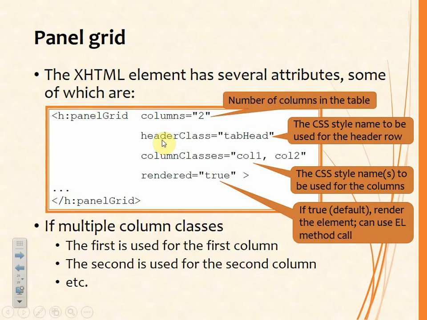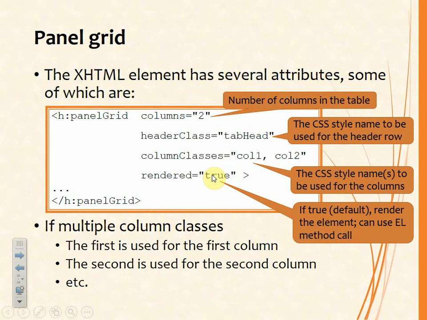Sometimes you might want to render a value if a certain condition is true and not render it if that condition is false. And what we can do is use the expression language to call a method that will return either true or false. For example, let's say the managed bean has got some data, and if that data is of a particular value, we don't want it to be displayed.